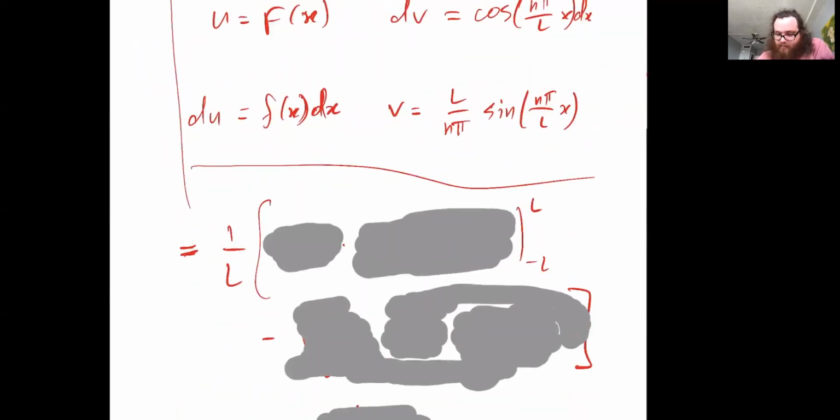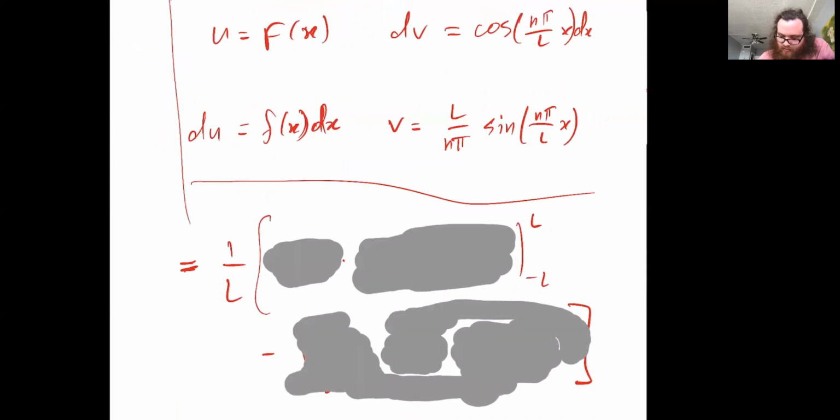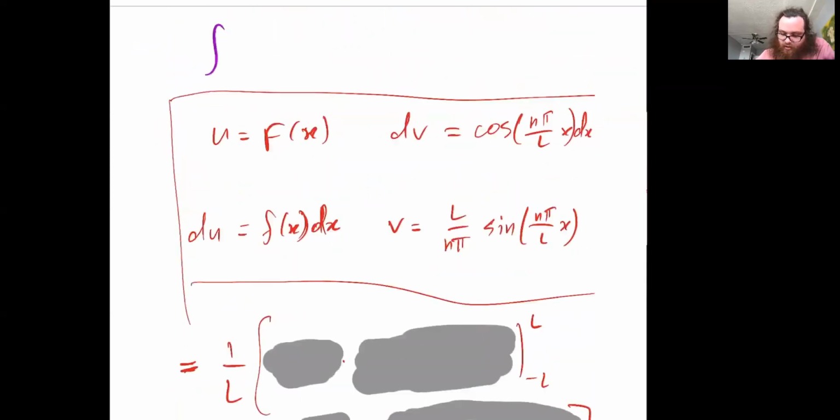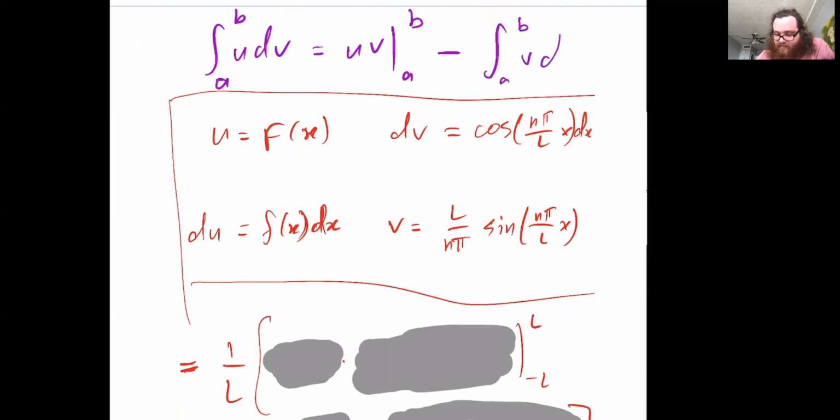So what is integration by parts? Maybe I can write it up here. The integral of u dv from a to b is equal to u times v evaluated from a to b, minus the integral from a to b of v du.